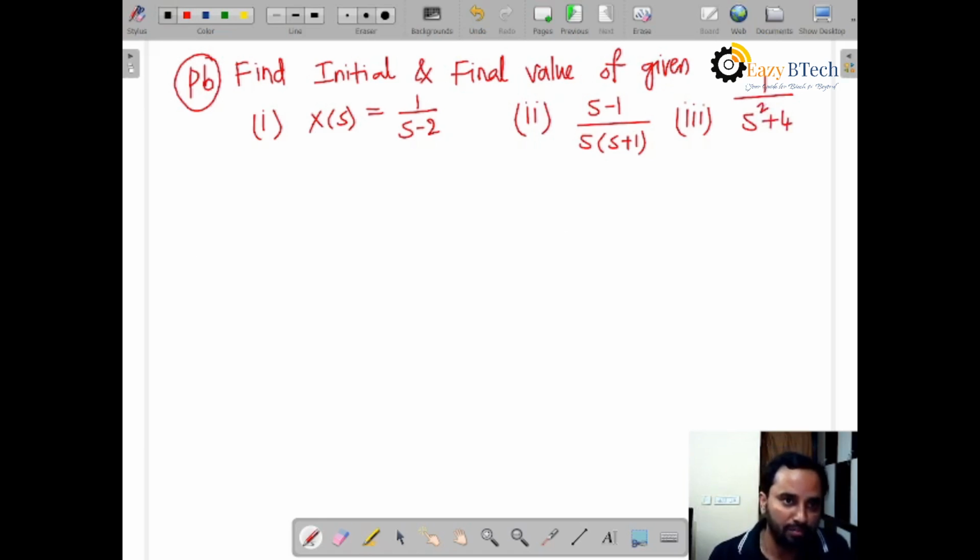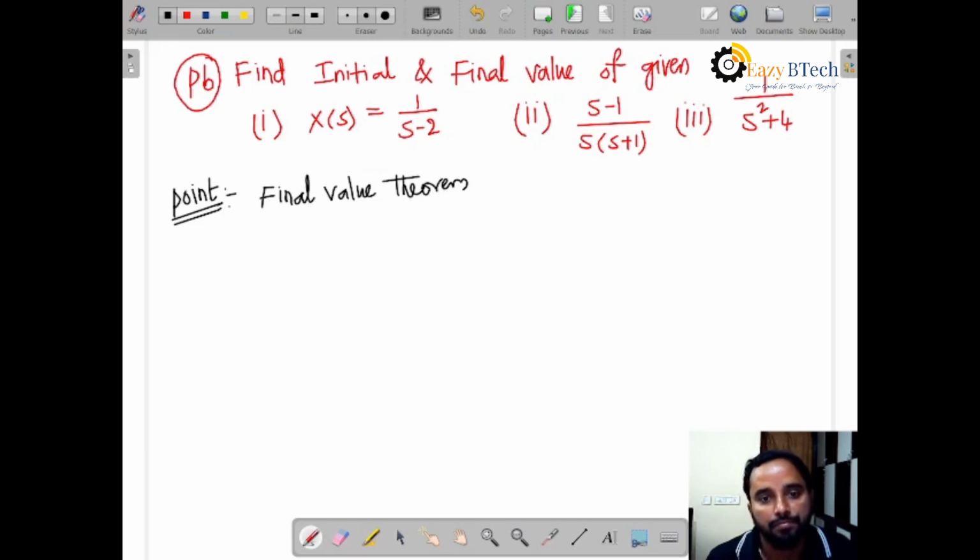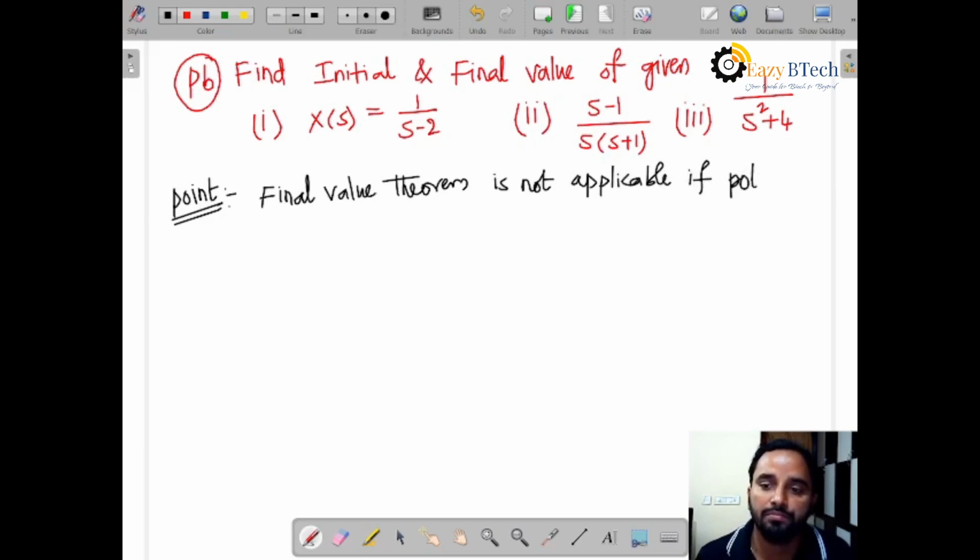Here I want to mention one point about the final value. The final value theorem is not applicable if poles are on the imaginary axis.